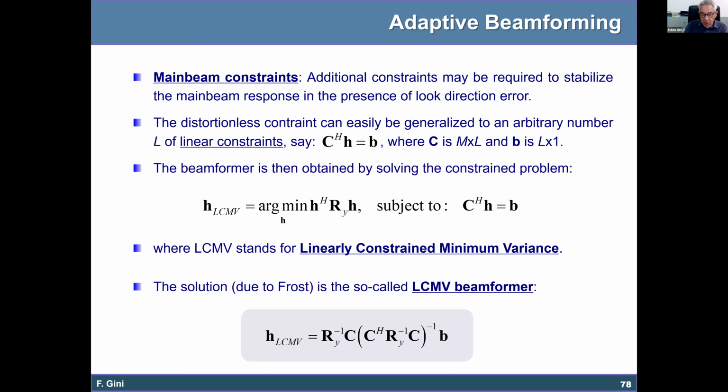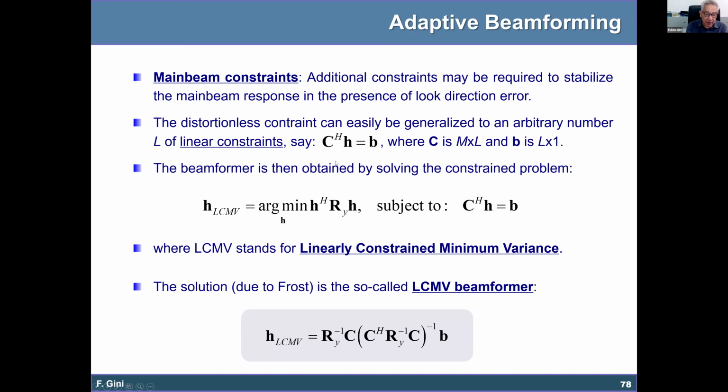That method was not adaptive. Now, the idea is basically to implement in the adaptive beamformer also the null steering capabilities. How can we do that? Simply, we can increase the number of constraints. So, for example, if you have capital L linear constraints, you can write these constraints in this way.